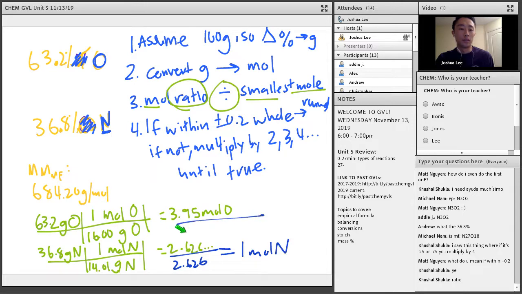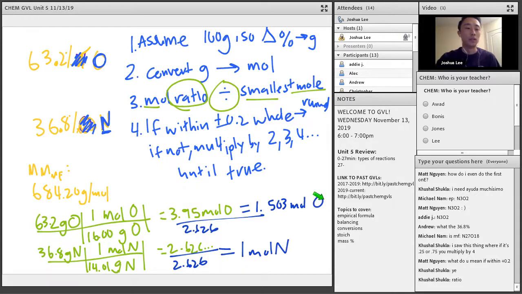Divide this by 2.626 and you get 1.503 moles of O. So whoever asked about within 0.2, if you notice, 1.5 is not within 0.2 of a whole number. It's 0.5 away from a whole number, so you just can't round. It's not close enough for you to round.